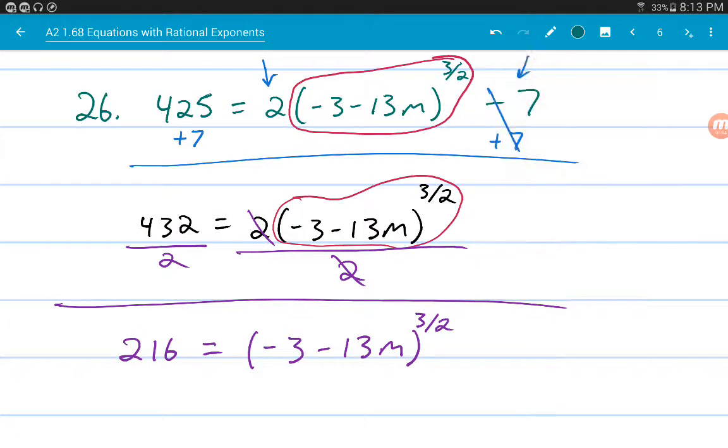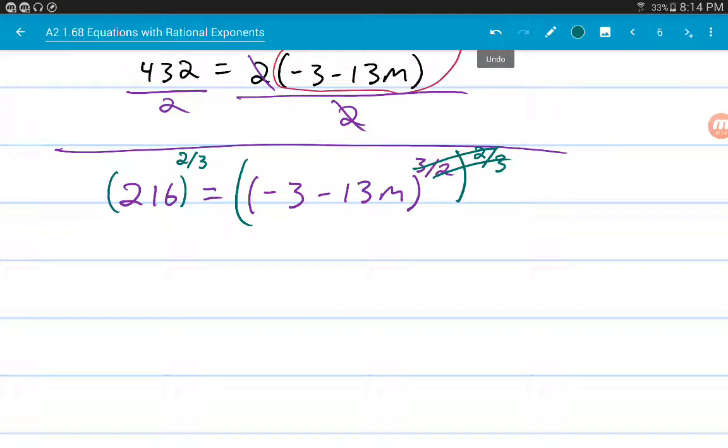Now it's isolated. There's nothing else on the outside. Everything on the right side has the 3/2 power on it. So I can use the reciprocal now. I apply the reciprocal to this side, meaning flip it, and it becomes 2/3. These are flips, reciprocals of each other. Anything I do on one side, I have to do on the other, so this gets raised to the 2/3 power as well. These exponents will cancel each other out.